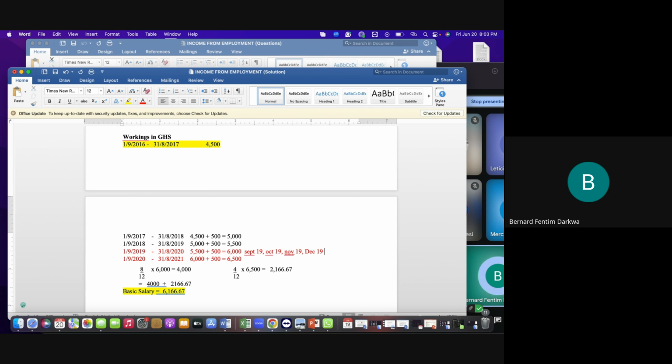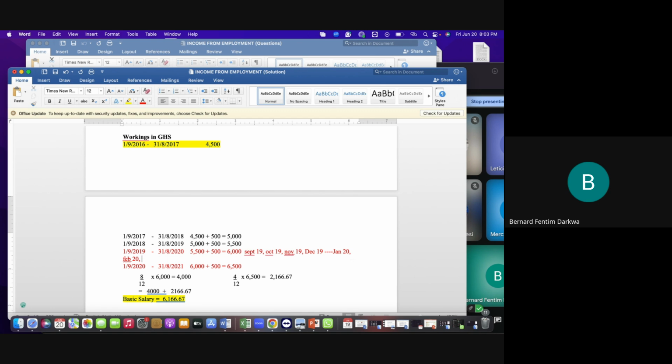Because it's supposed to be 12 months, the next is January 2020, then February 2020.